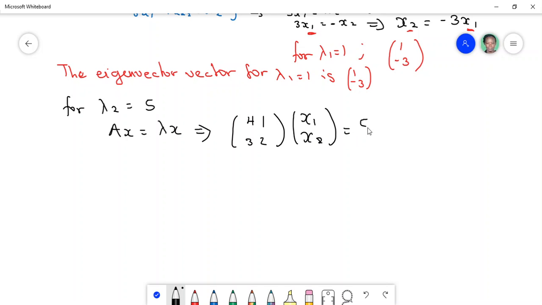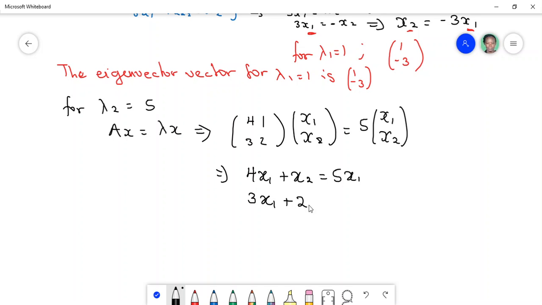This implies that I have 4X1 plus X2 equal to 5X1, and then 3X1 plus 2X2 equal to 5X2. So this implies that X1 is equal to X2. If you simplify, this is what you have.